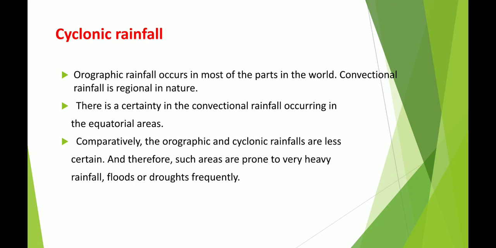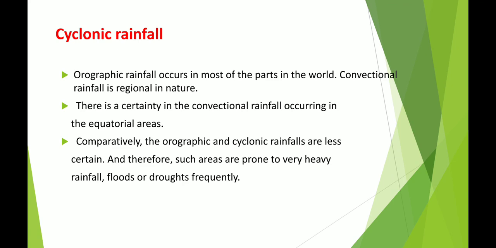There is a certainty in convectional rainfall occurring in equatorial areas, because every afternoon, daily convectional type of rainfall is received in the equatorial area. So there is a certainty. Comparatively, the orographic and cyclonic rainfalls are less certain, and therefore such areas are prone to very heavy rainfall, floods or droughts frequently.